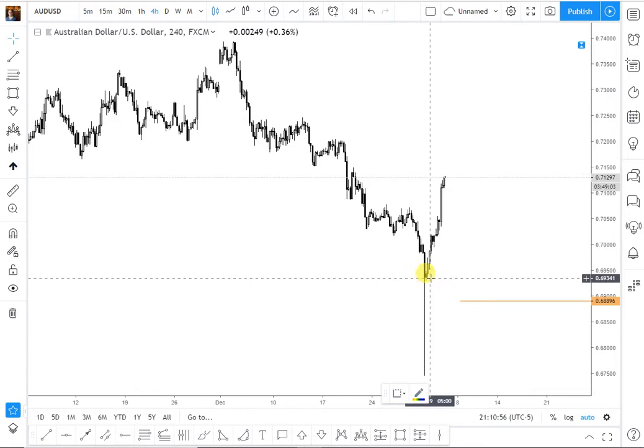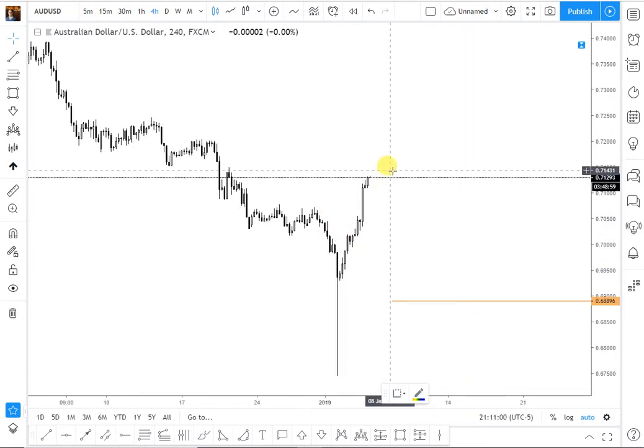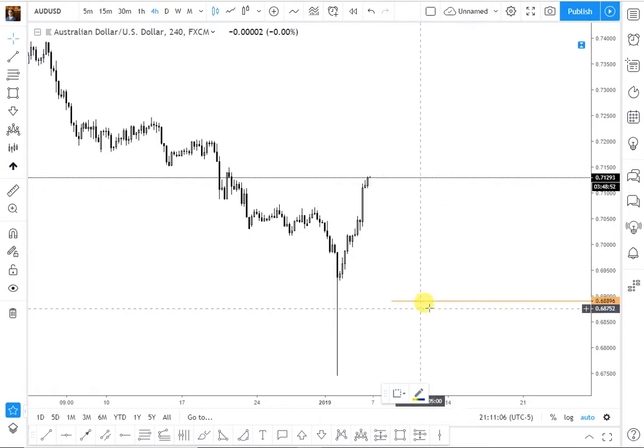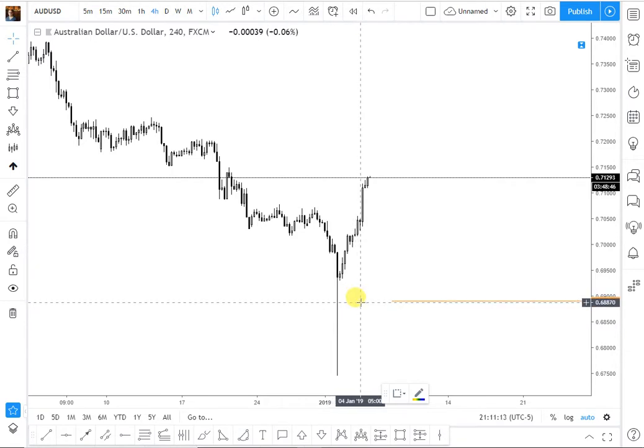Just in case the price makes a continuation pattern, I will enter this pair for long if it doesn't come to this price level here.